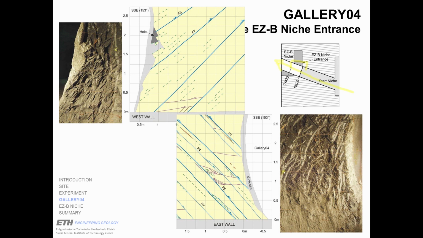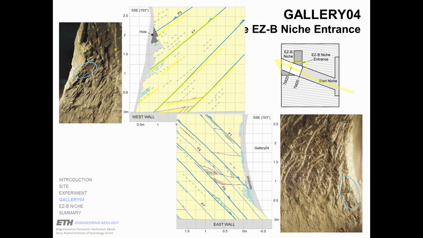So this is Gallery 04. You see on the west wall, you see again bedding, and you see bedding parallel shears. So this is the pre-existing, let's say, inventory of structures, and a similar inventory you can see on the east wall. And then you see the induced damage, which includes 3 types of fractures.